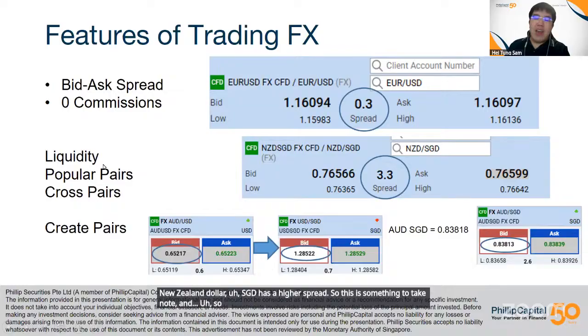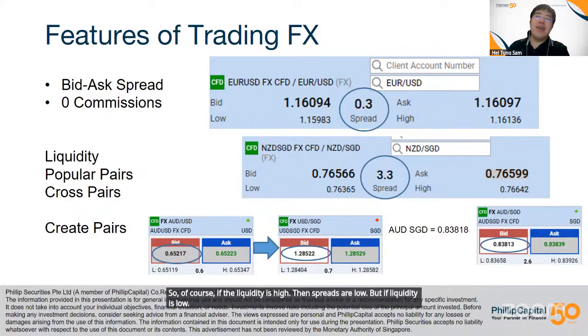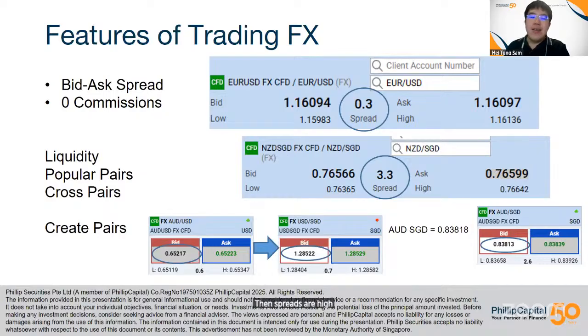Liquidity is one of the reasons why the spreads can be wider or thinner. Of course, if the liquidity is high, then spreads are low, but if liquidity is low, then spreads are higher. On top of that, there's also different timing.